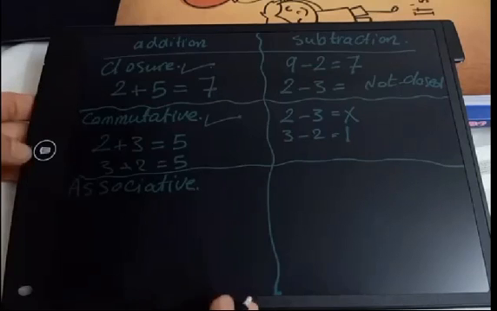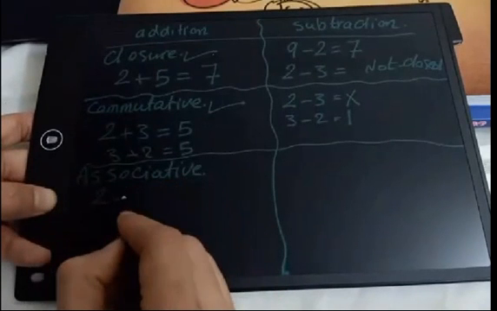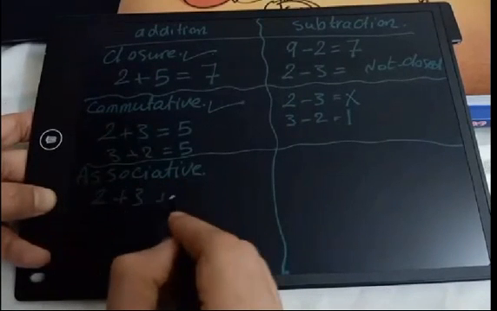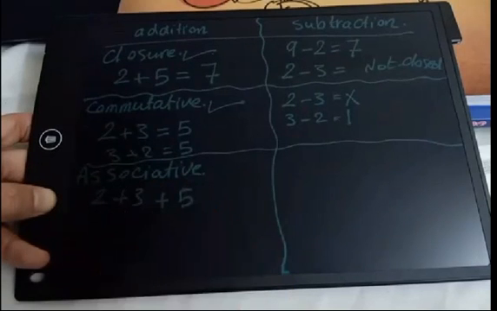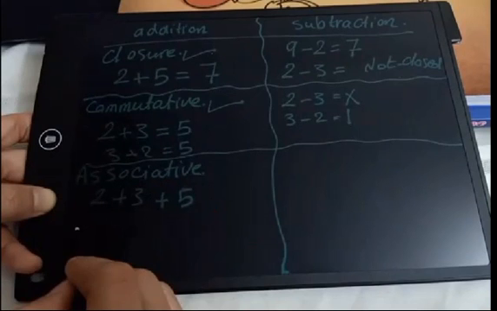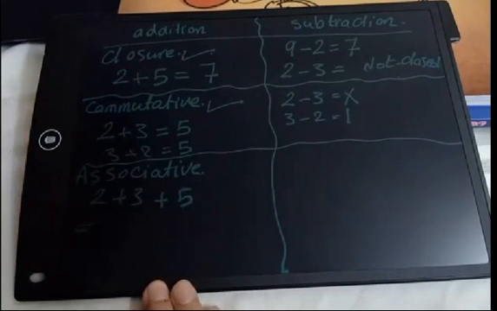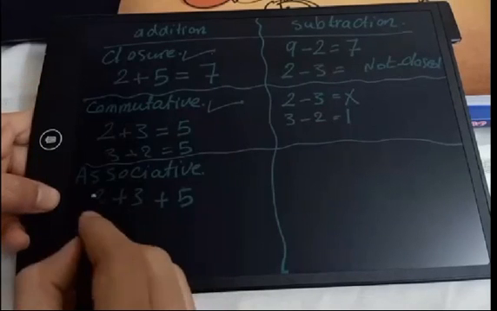So if I have three numbers, like here, 2 plus 3 plus 5, yes, like this. So I can take the first two together.